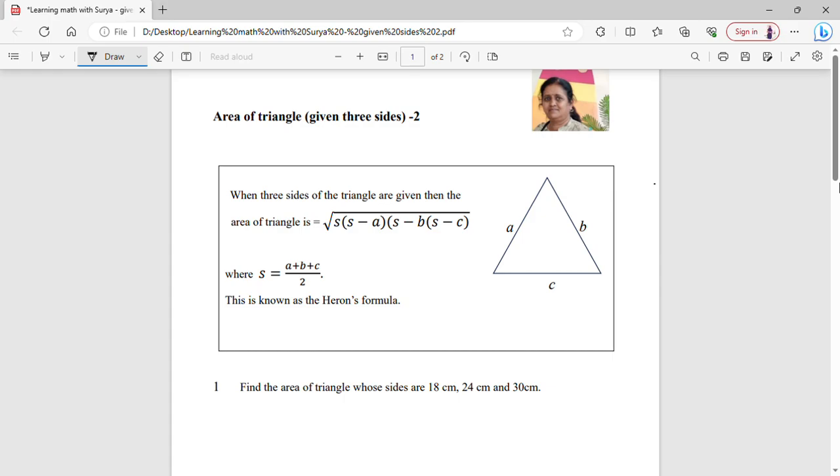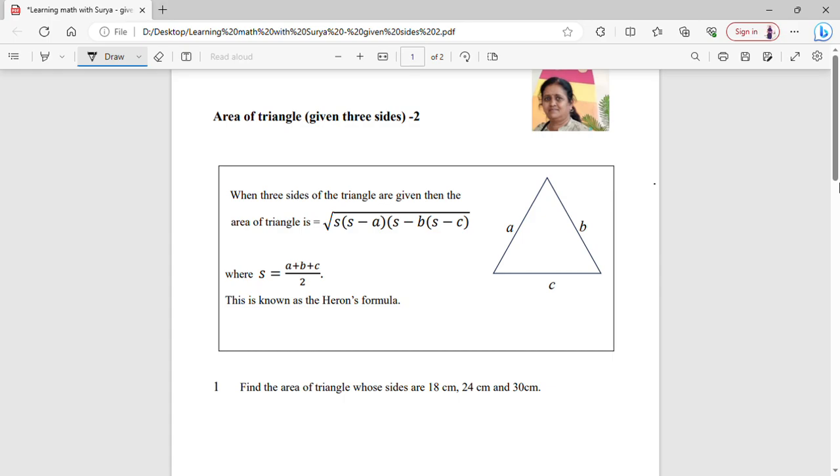Now, this is basically done by Heron's formula, and if you are given the three sides instead of the base and the height, the formula is given by root of s into s minus a into s minus b into s minus c, where s is equal to a plus b plus c by 2.